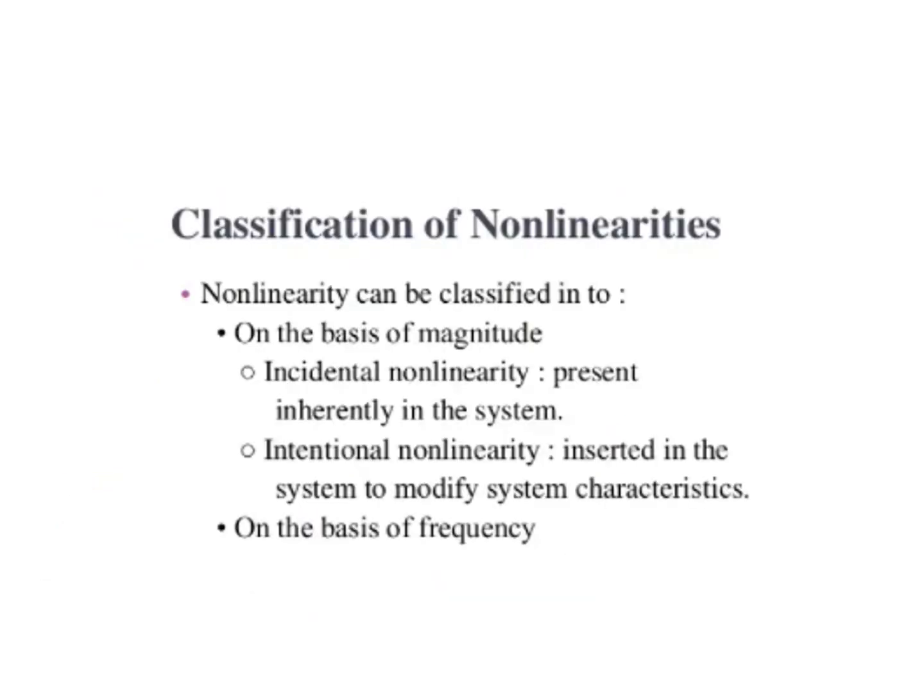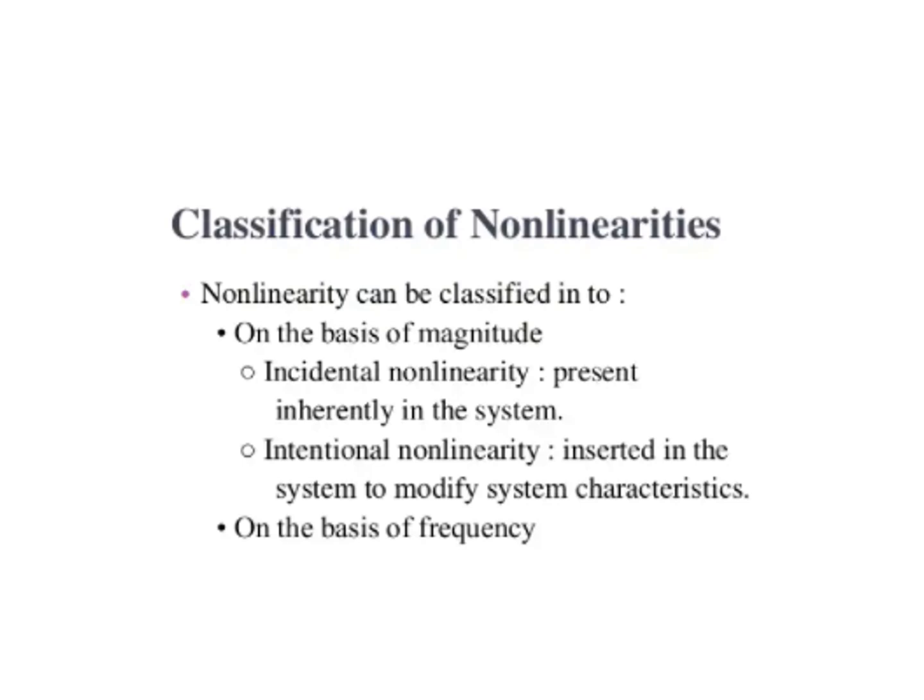Now coming to the classification of non-linearity. You can classify non-linearity on the basis of magnitude or on the basis of frequency. If you take magnitude, you can classify it as incidental non-linearity and intentional non-linearity. Incidental non-linearity is present inherently in the system, whereas intentional non-linearity is where you insert the non-linearity to modify the system characteristics. Another one is classification based on frequency.